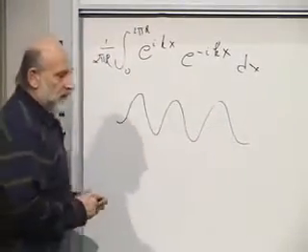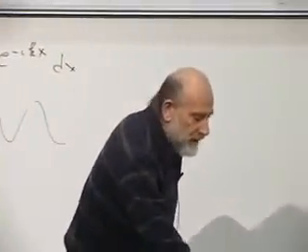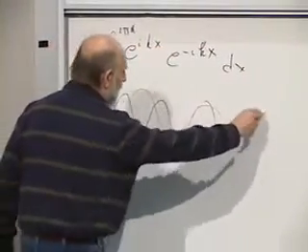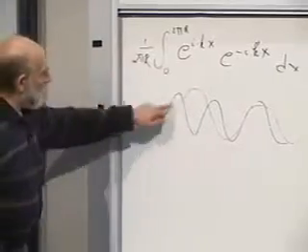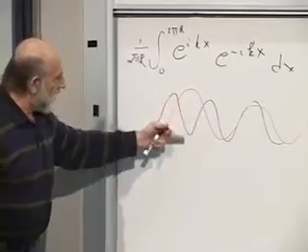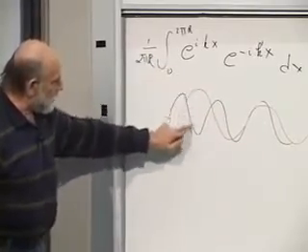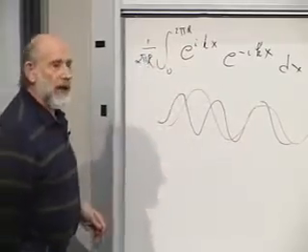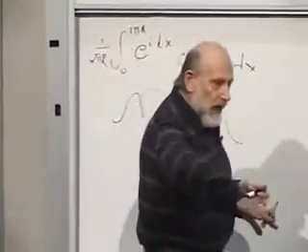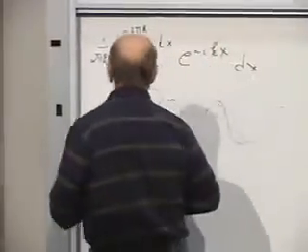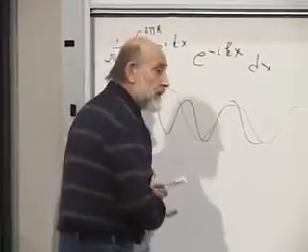This one is made out of functions which oscillate with a different period. And the product will be positive some places and negative other places. Here the product is negative, here the product is positive. If we take two different values of k and look at it along the line, we'll find that it cancels as much as it adds. The result of that is that this integral is always 0 for k not equal to k prime.